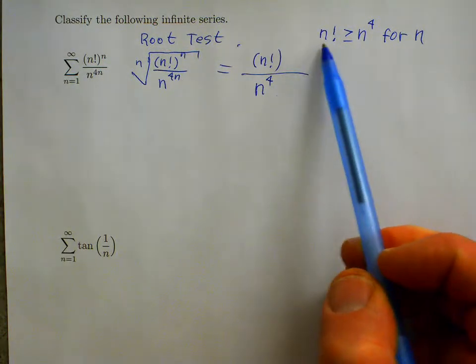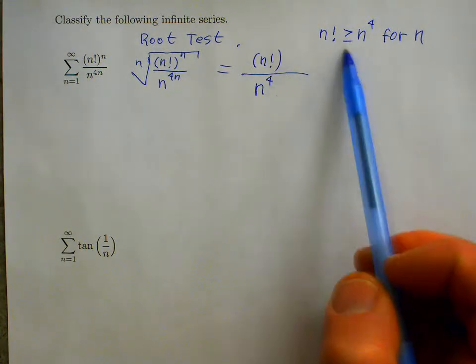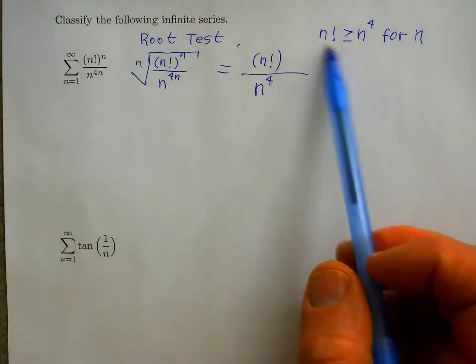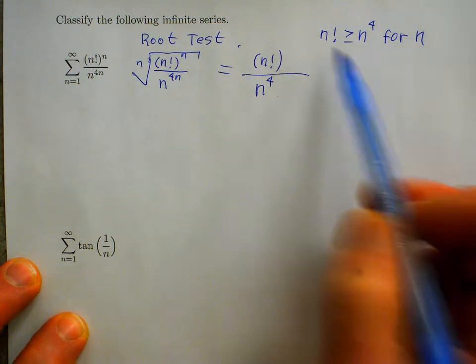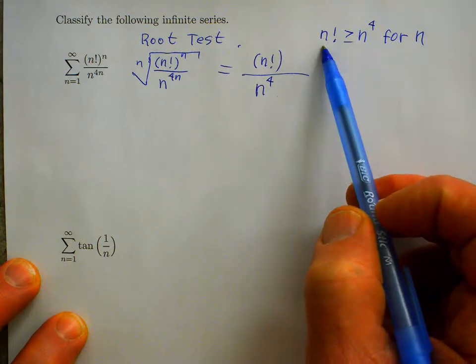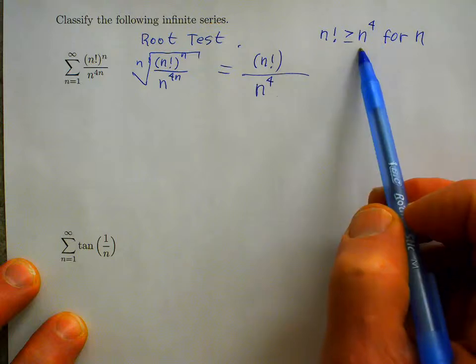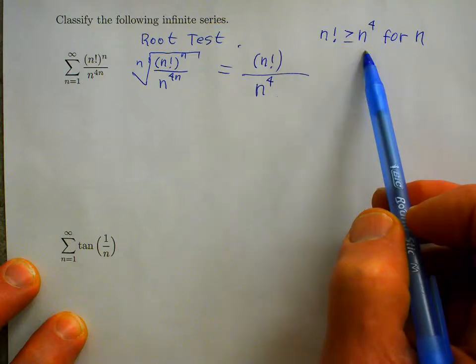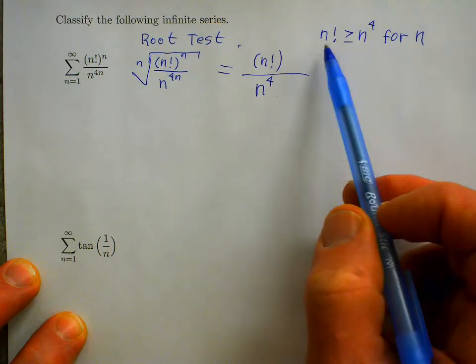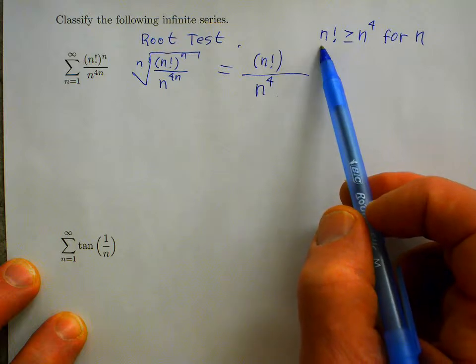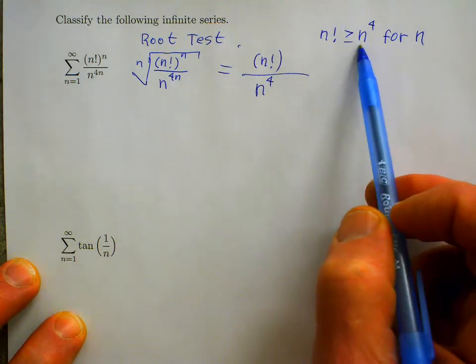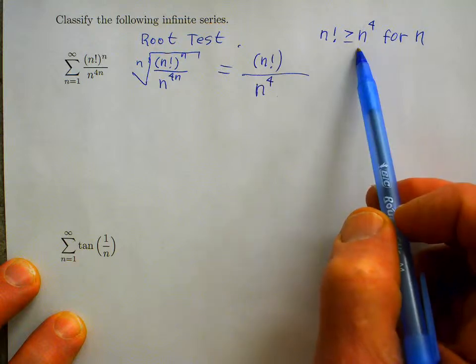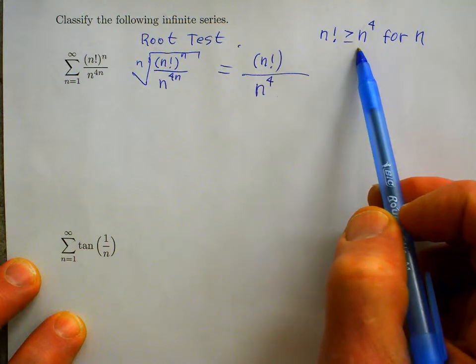When n is 1, 1 is greater than or equal to 1 to the fourth. 2 factorial is 2, but 2 to the fourth is 16. So 3 factorial is 6. 3 to the fourth is 81. So not yet. When n is 4, 4 factorial is 24. 4 to the fourth is 256.